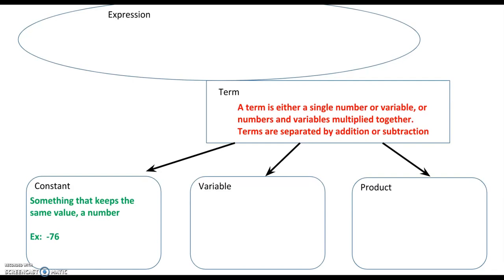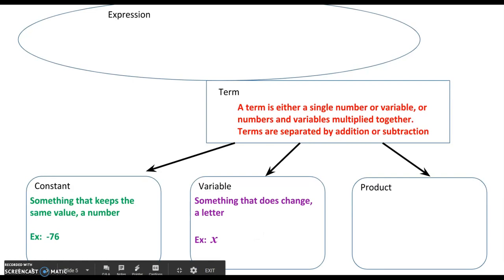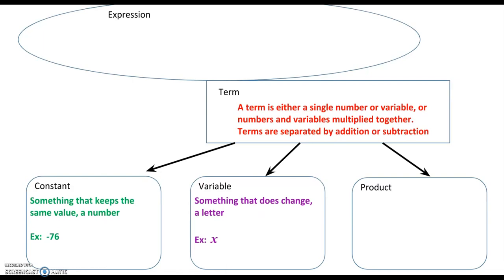The other term, or vocab word, you need to know is variable. So a variable is something that can change. It could vary. So we use a letter to represent a value that's possible to change, like an amount that could change. So we use any letter. We do not typically use the letter I because that is the imaginary number.